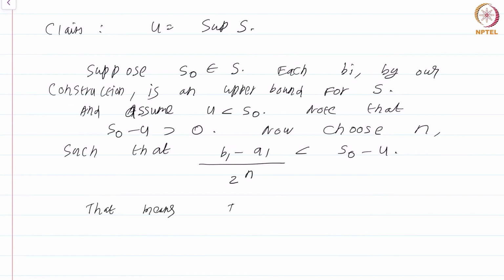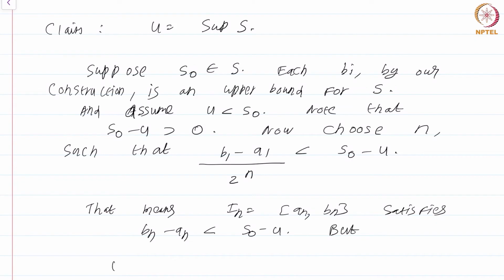Okay. Now that means Iₙ, which is [Aₙ, Bₙ], satisfies Bₙ minus Aₙ is less than s naught minus U. Okay. But U is an element of Iₙ. In fact, U is the unique element in the intersection of all the Iₙs, not just this particular one.